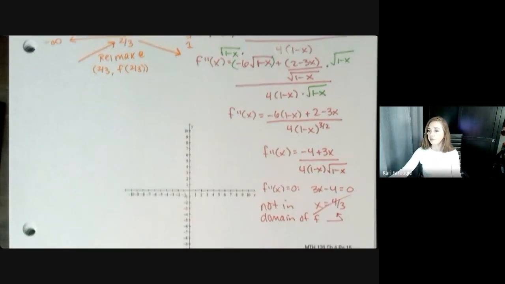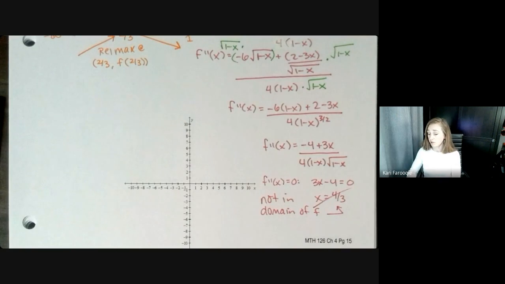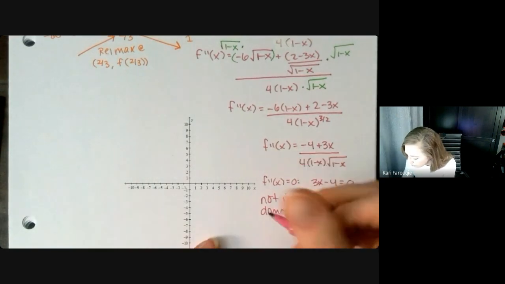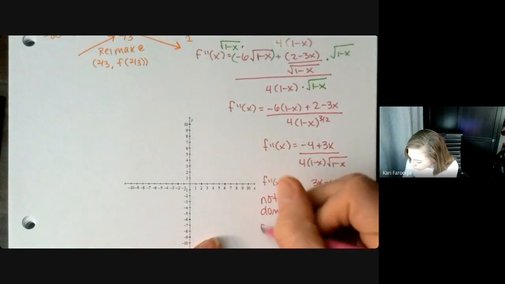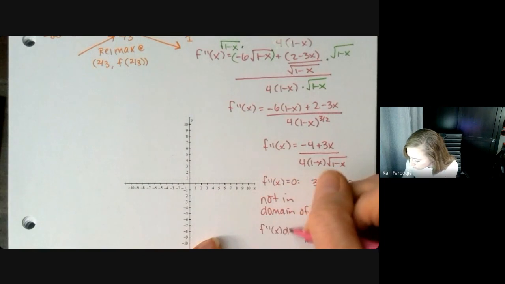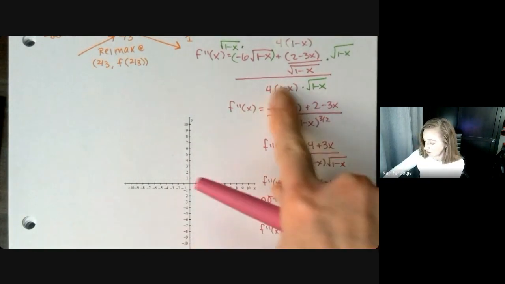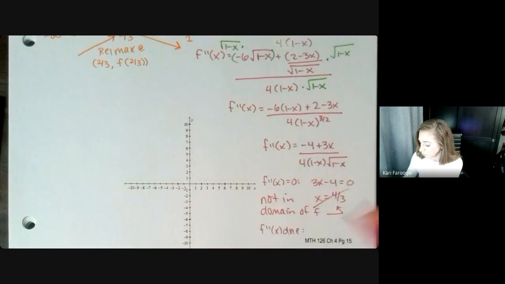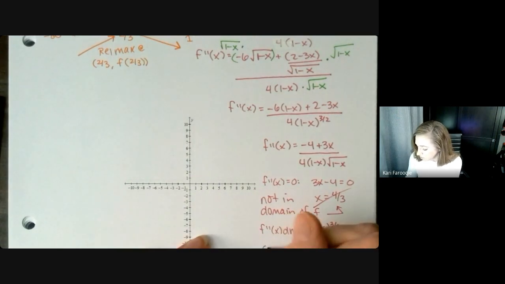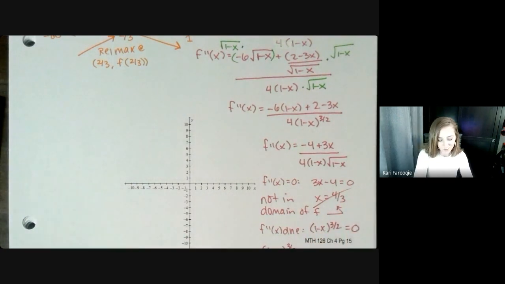Okay, and then the other thing we're going to do is look at values that make the denominator equal to 0. So you're going to say f double prime of x does not exist. Oh, now I wish I would have left it in this notation. It doesn't exist when we have 1 minus x to the 3/2 equals 0. Take both sides to the 2/3. I know, technically, I think you probably don't really need to show this step.